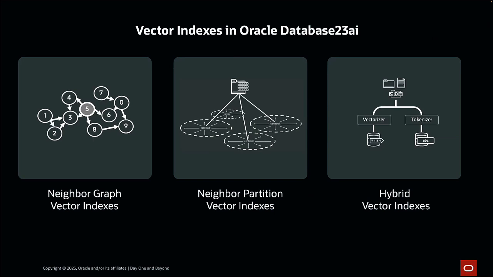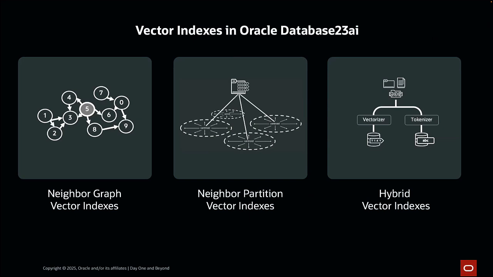So Oracle has three types of vector indexes that we support. The first one is our neighbor graph vector index. And these are in-memory based indexes that are stored as graphs, with the vertices being the vectors and the edges, or the arrows, if you're not familiar with graphs, between the vertices being the actual distance between the vectors. And it's a layer of these graphs.